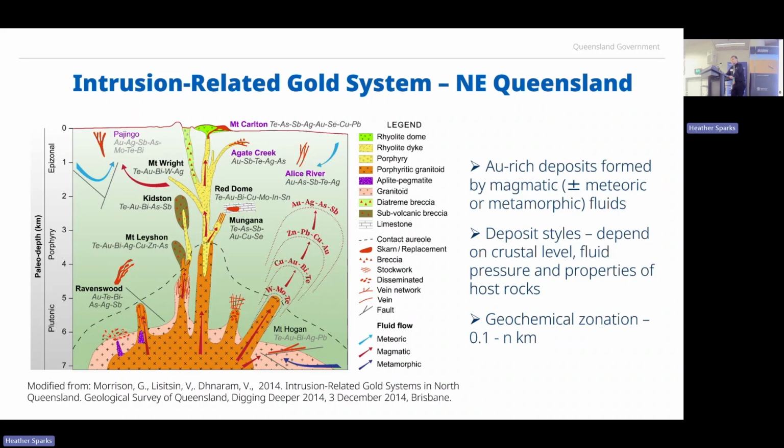This relationship becomes much more difficult to recognize in areas of common fluid mixing zones, both in zones of mixing with metamorphic fluids at the bottom, and in very distal deposits like most epithermal gold deposits, low sulfidation epithermal gold deposits in shallow areas.